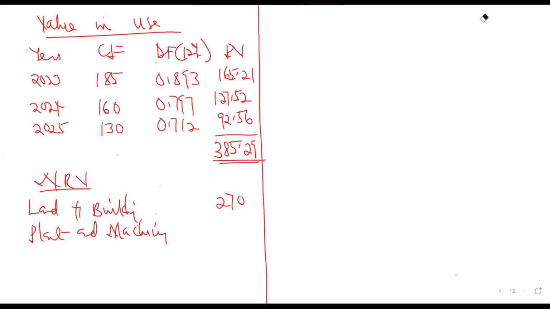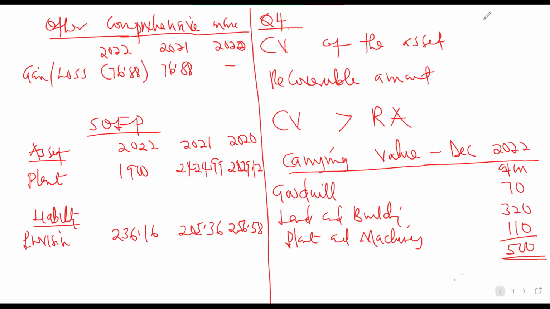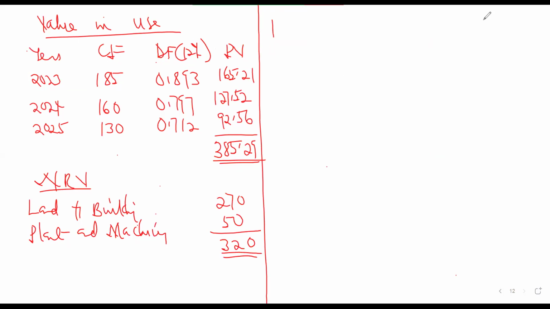So the total amount will be 320. Which of these is higher? The value in use. So we pick the value in use as the recoverable amount. Our impairment loss will now be calculated as 500 minus 385.29. Is that correct?